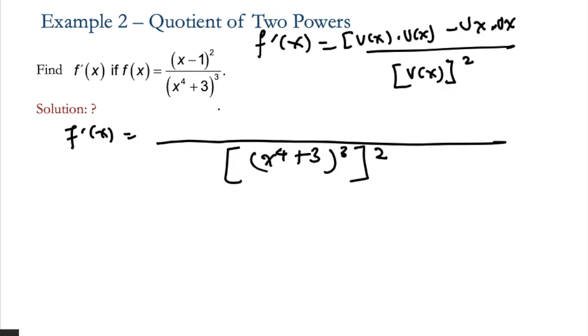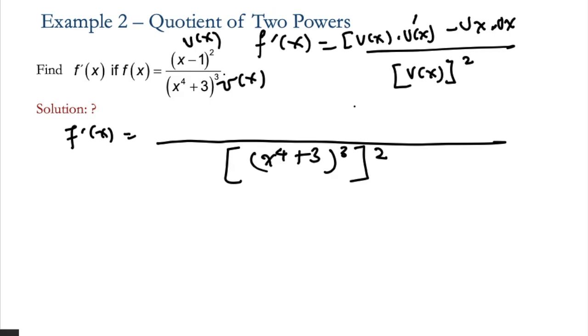What about the numerator? The numerator, let's assume that this is u(x), this is v(x). See, I forgot to put this.